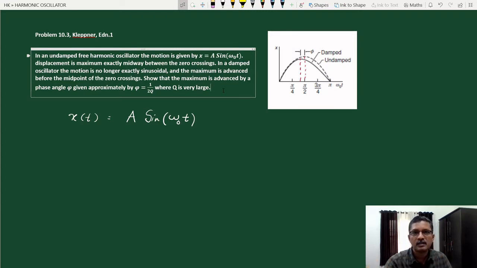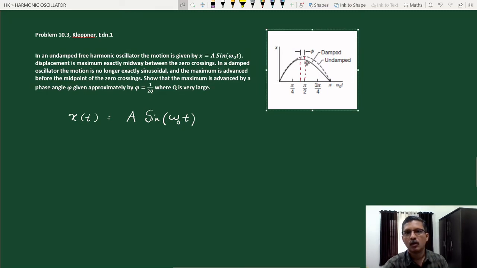We have seen the plots of the position at any time t for a damped oscillator. When you look at it carefully, the maximum is advanced before the midpoint of the zero crossings. The solid line in this figure represents the first half cycle of the damped oscillator.